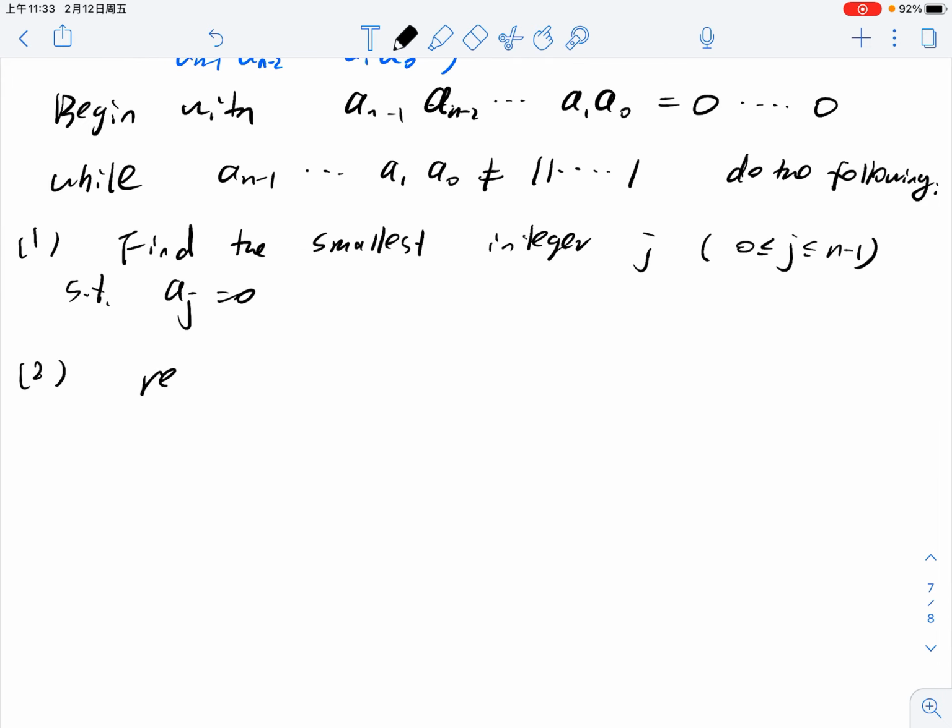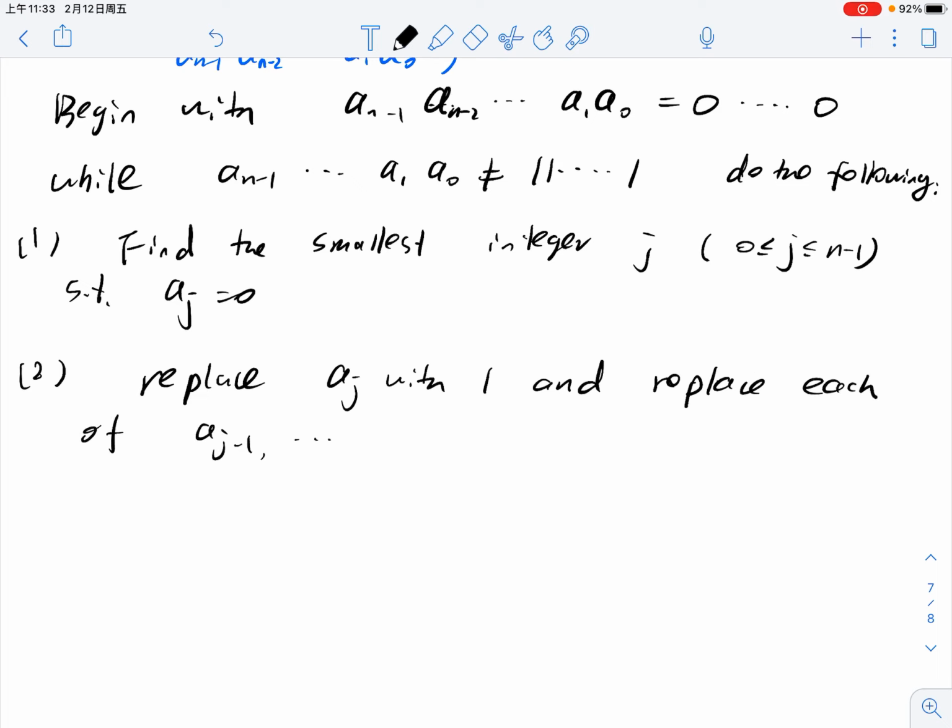Secondly, replace a_j with 1 and replace each of a_{j-1}, a_{j-2}, down to a_0 with 0. Since j is the smallest, a_{j-1} to a_0 were originally 1.